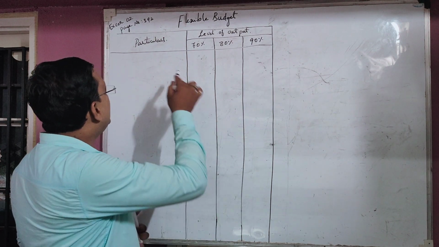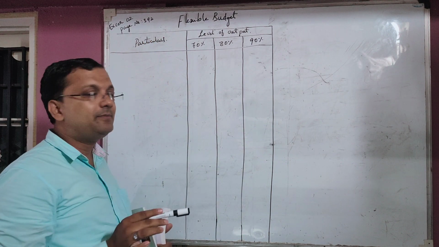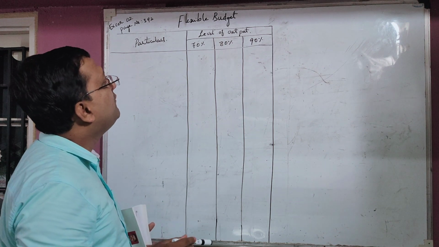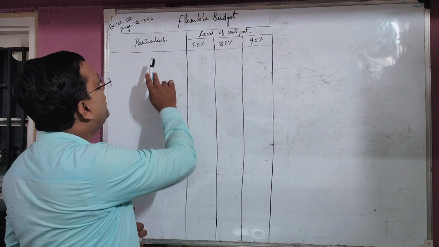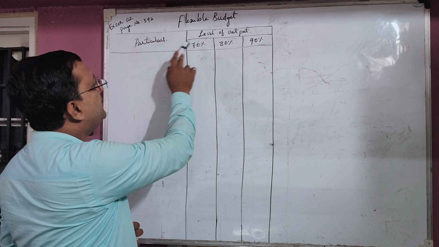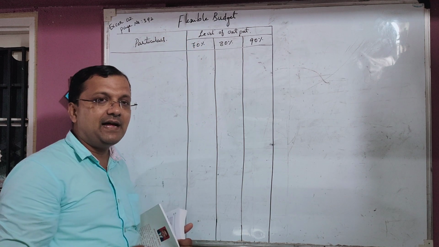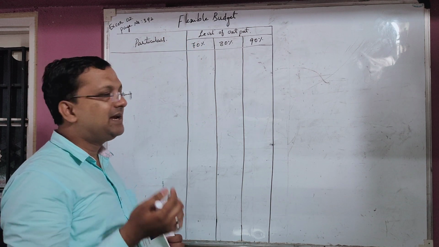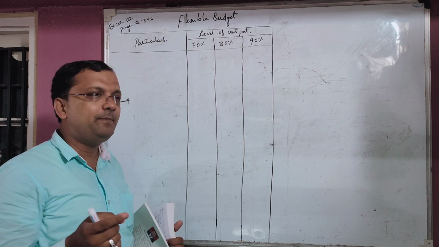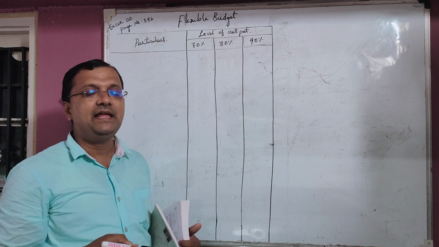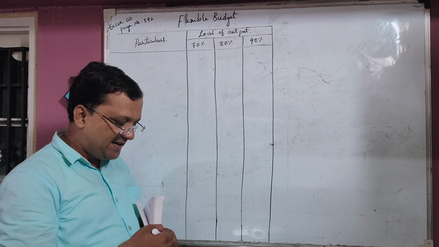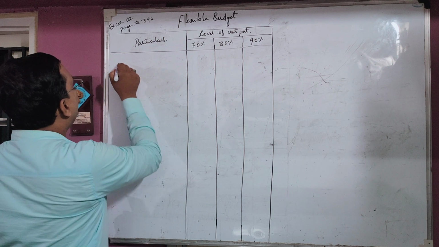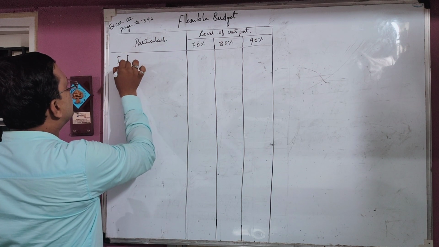Exercise 2, page number 392, flexible budget heading. Then particulars, first column. Next, level of output. Under level of output there are three columns: 70%, 80% and 90%. First heading is fixed expenses.